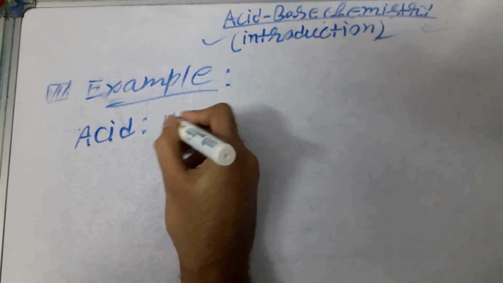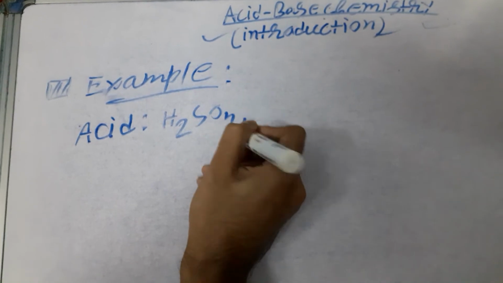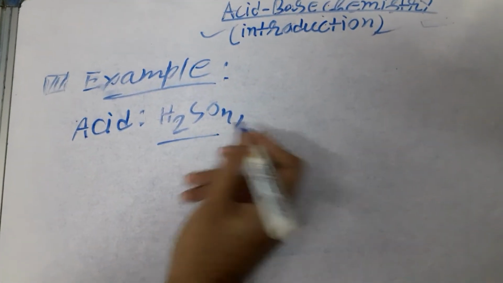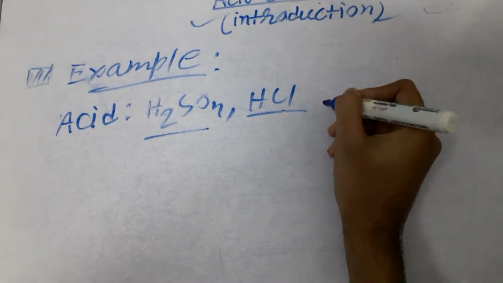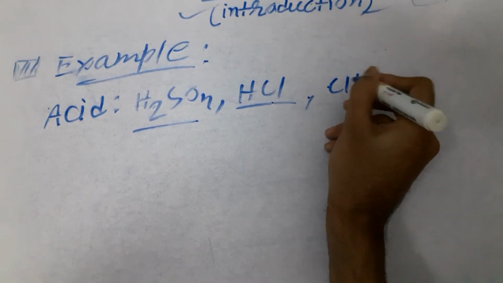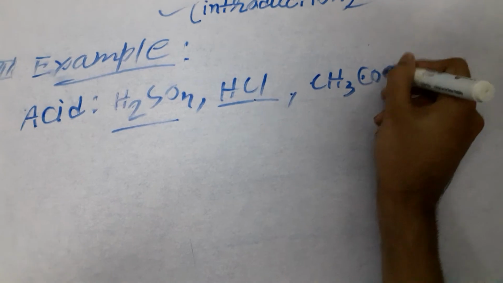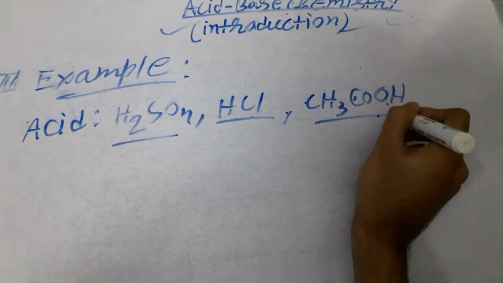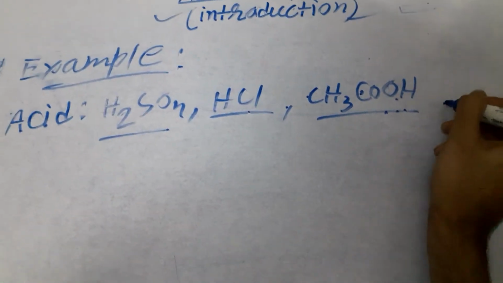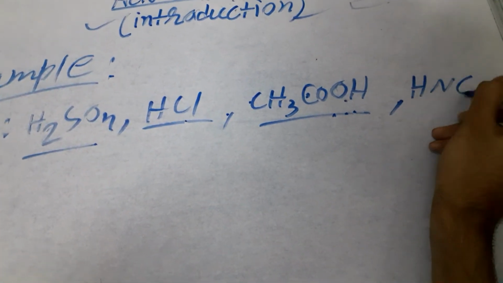You all know H2SO4, sulfuric acid, HCl, hydrochloric acid, CH3COOH, acetic acid, which is used in our daily life, basically in vinegar, and HNO3, nitric acid.